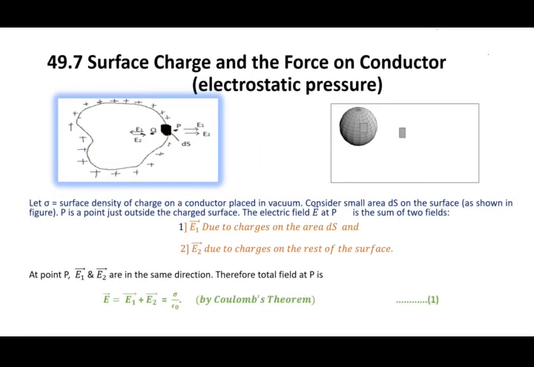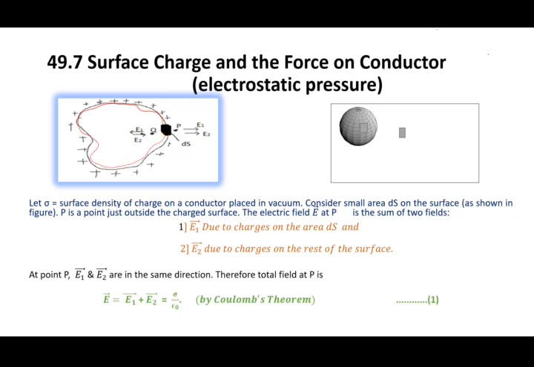Now let us derive this relation between surface charge density and the force on the unit surface of the conductor. Whenever a net charge is distributed on the conductor, charges will reside on the outer surface only.